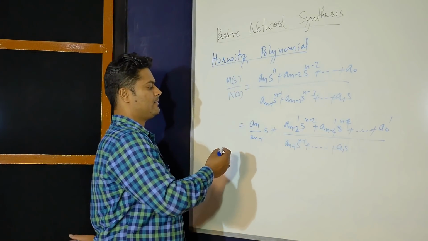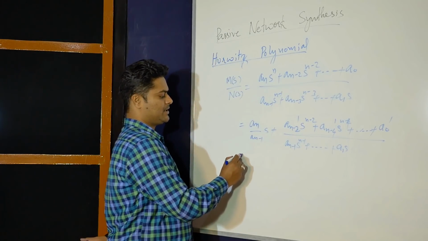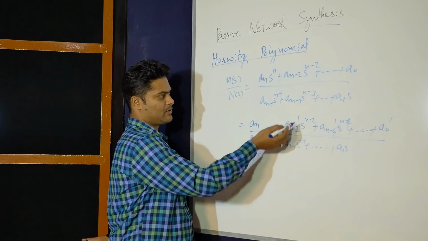Once we do the first division, this is nothing but the first quotient which resulted from the division of the numerator by the denominator.